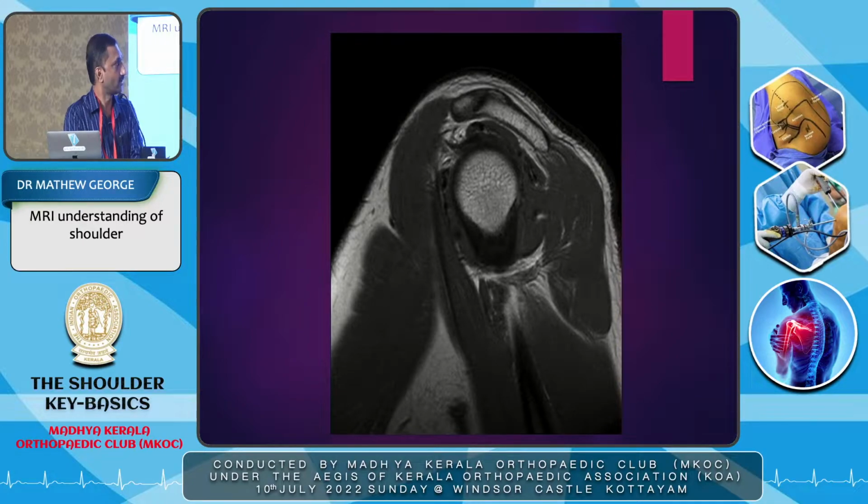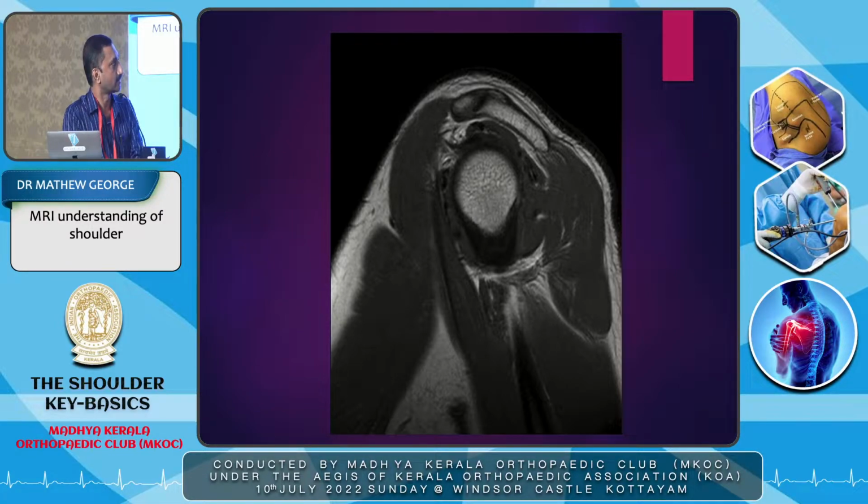So coming more laterally, again you can see the supraspinatus and the tendon, slowly the myotendinous junctions. You can see the anterior and posterior glenohumeral ligaments. That's the subscapularis. That's the rotator interval between the supraspinatus and the subscapularis, and that's where you will have the glenohumeral ligament coming.